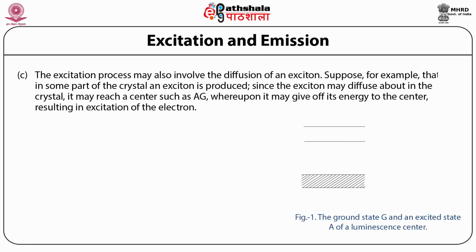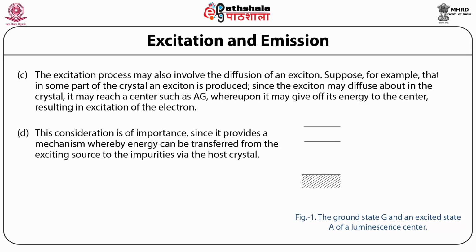The excitation process may also involve the diffusion of an exciton. Suppose, for example, that in some part of the crystal an exciton is produced. Since the exciton may diffuse about in the crystal, it may reach a center such as A_g, whereupon it may give off its energy to the center, resulting in excitation of the electron.